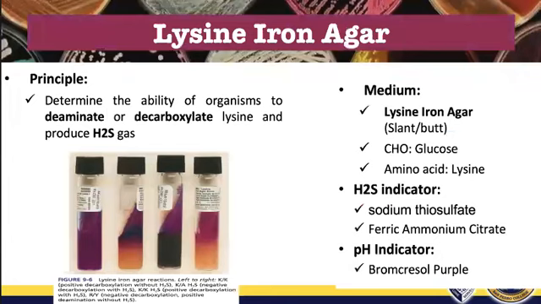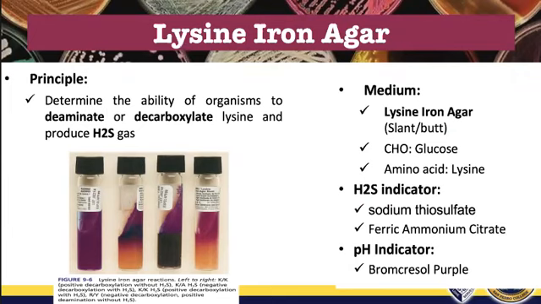So we have lysine iron agar. As mentioned earlier, this agar is used for decarboxylation, and at the same time, it can also be used for deamination. Okay? So lysine iron agar includes the amino acid lysine and, of course, glucose. Again, your decarboxylase enzyme would only be activated in the presence of acids.